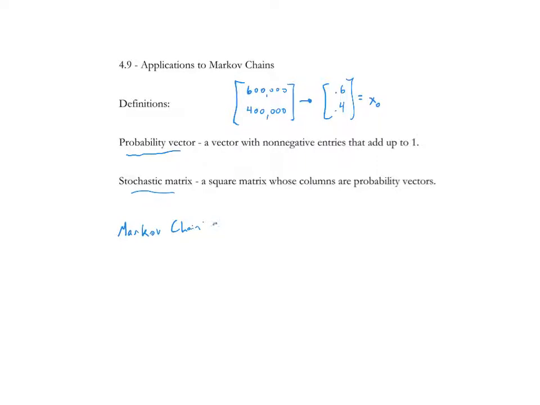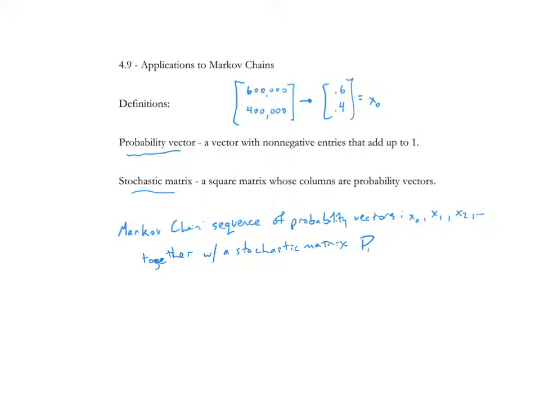A Markov chain is a sequence of probability vectors, and they'll be called x naught, x1, x2, etc., together with a stochastic matrix, which we'll call capital P, such that x1 is equal to P times x naught, x2 is equal to P times x1, x3 is equal to P times x2.